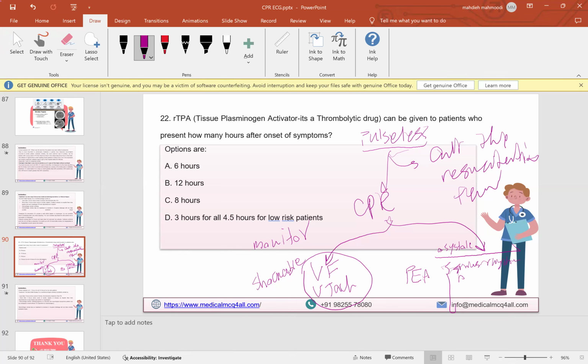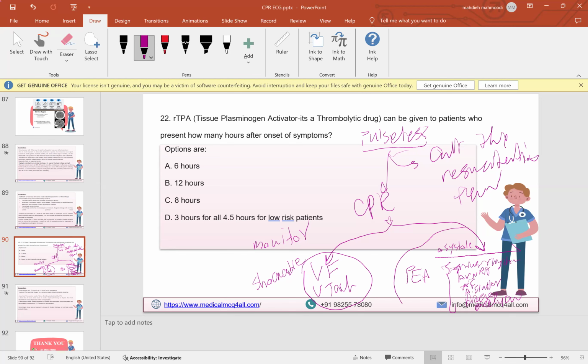It could show a VNRT. It could show AF, atrial flutter. Anything else, any kind of block, doesn't matter, bradycardia, whatever. While there is no pulse, they are called pulseless electrical activity. There is some electrical activity, but there is no pulse, right?